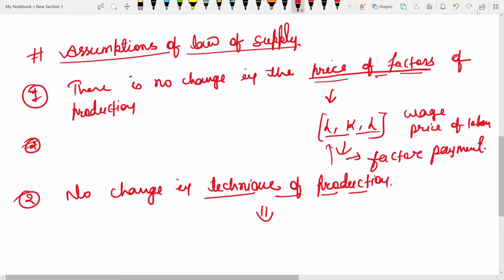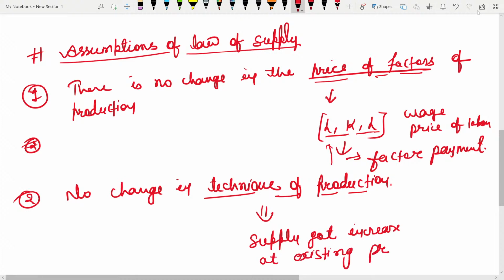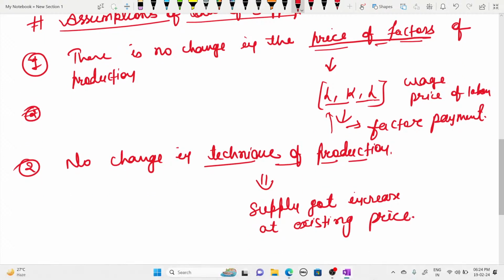Whatever technology the producers are using has improved. Therefore, by improving technology, the supply gets increased at the existing price. In this case, the assumptions of the law of supply will be violated.